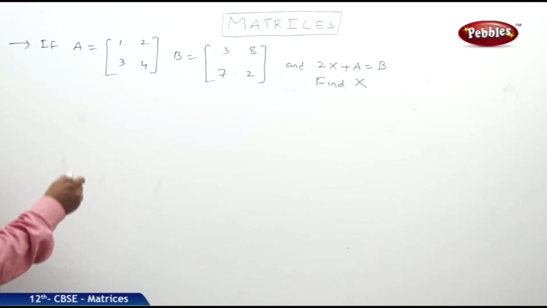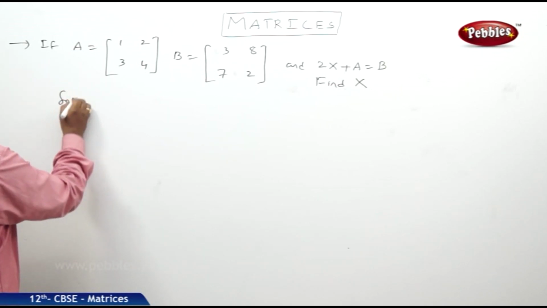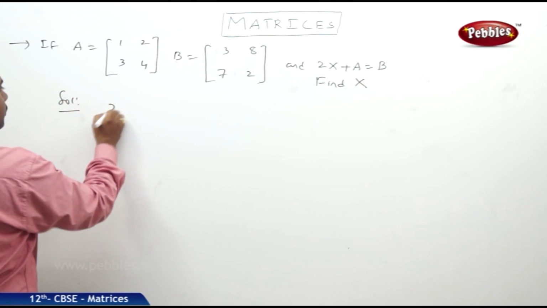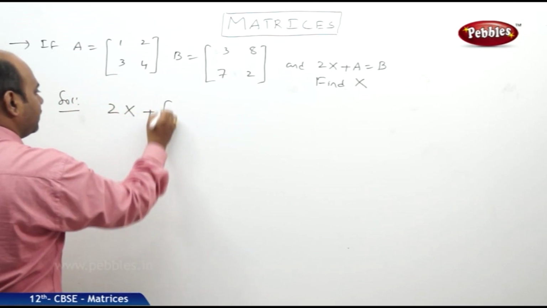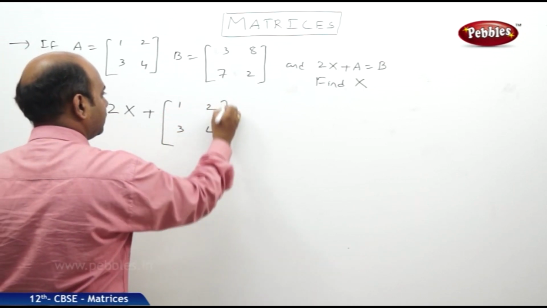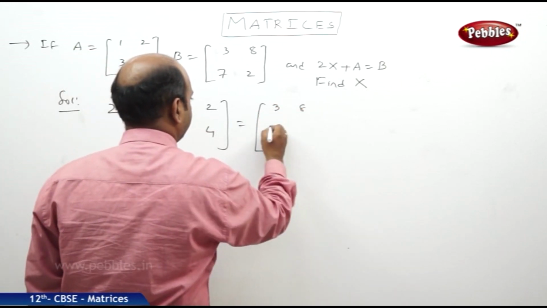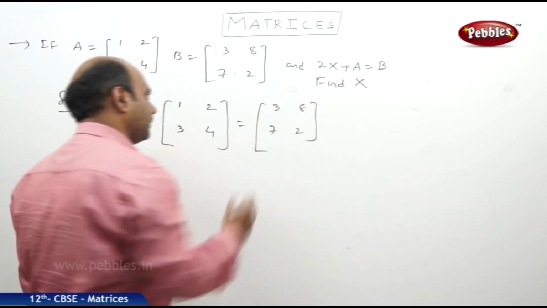So what I'll be doing is, 2X as it is I will write. A means 1, 2, 3, 4 is equal to B. B means 3, 8, 7, 2.